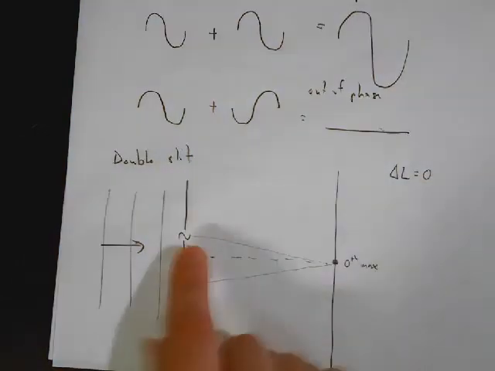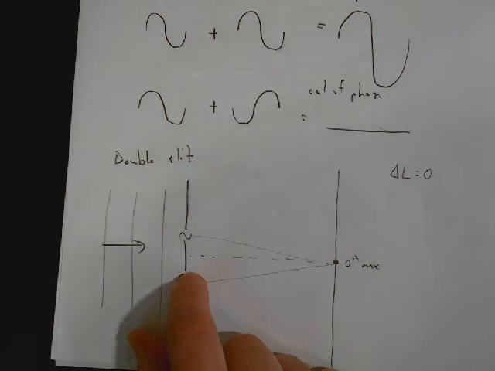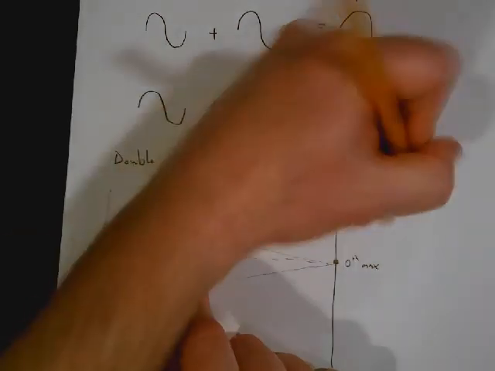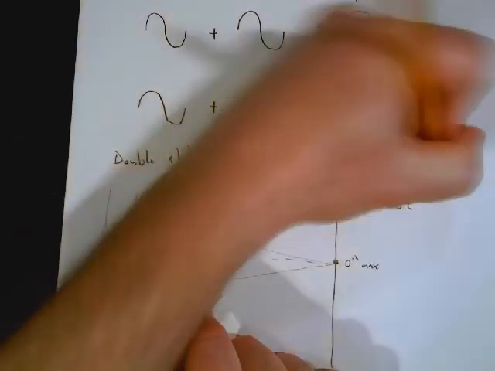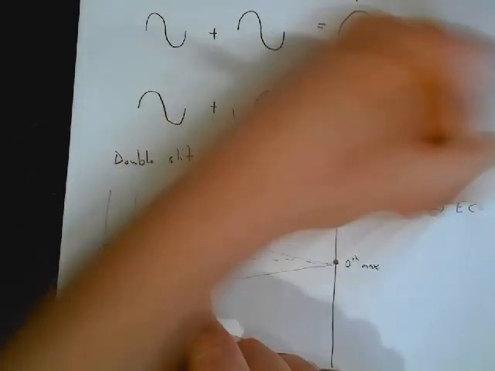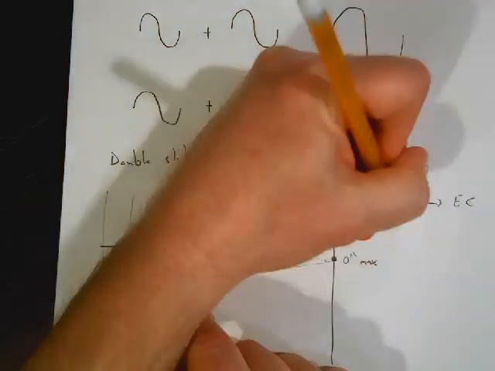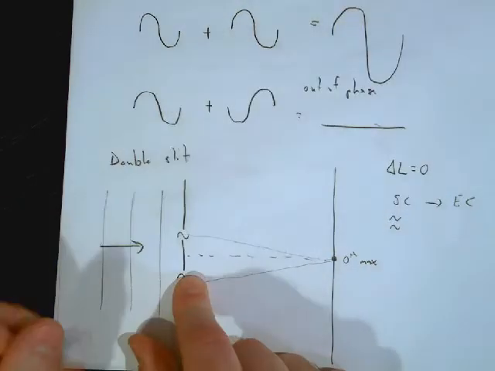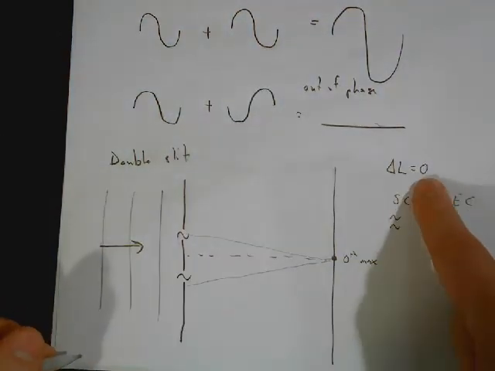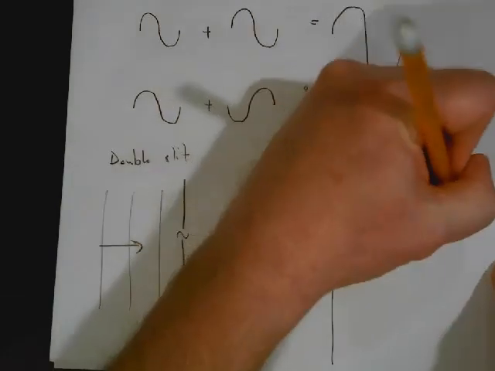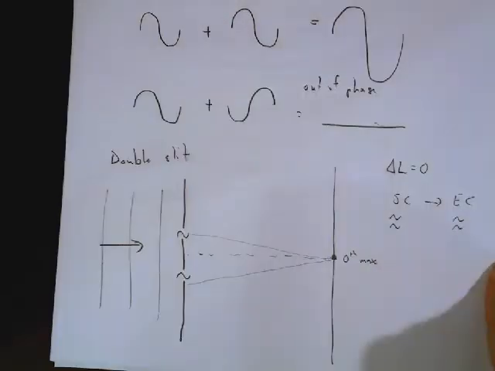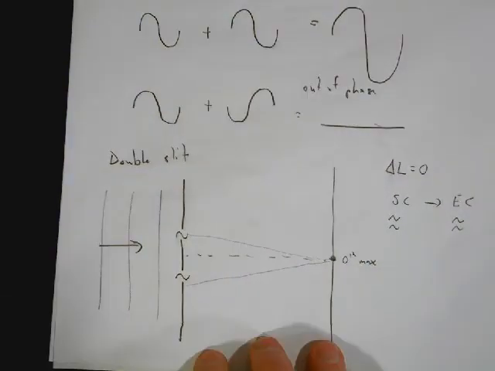Remember we talk about the starting condition and then the ending condition. If I start in phase and my path difference is nothing, then I have to end in phase. So that would be a maximum.